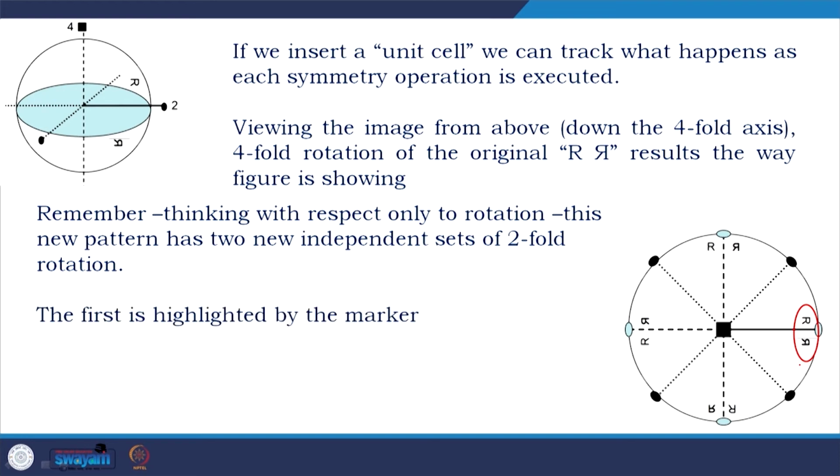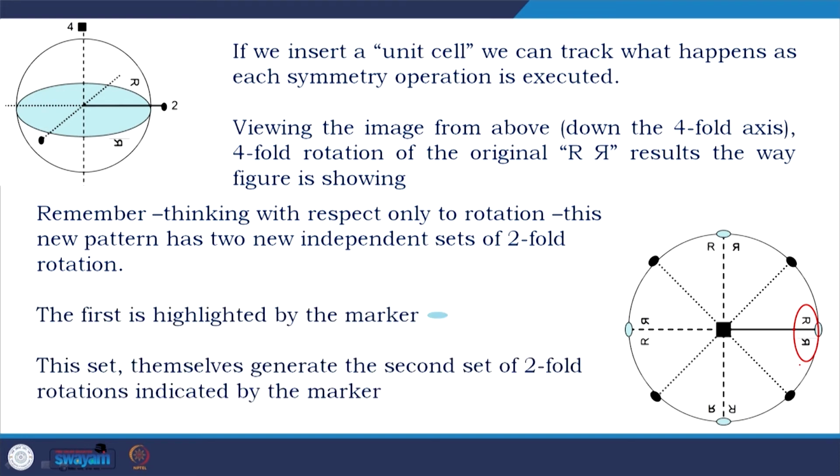The first one we have highlighted, and this set itself generates the second set of two-fold rotations, which is indicated by the black marker. So, we start from here, we initially get a new pattern, and then this new pattern generates the second set of two-fold rotations here.